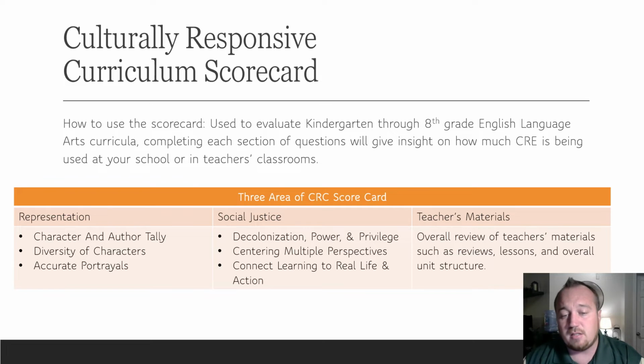In that scorecard is also a subsection of social justice: decolonization, power and privileges, centering multiple perspectives, and connecting learning to real life action. The third is going to be teacher overall materials. This is going to be an overview of teacher materials, such as reviews, lessons, and overall unit structure. All part of the scorecard.